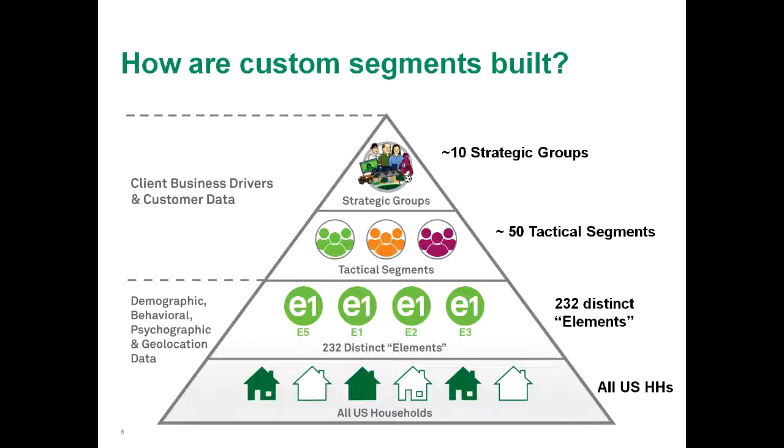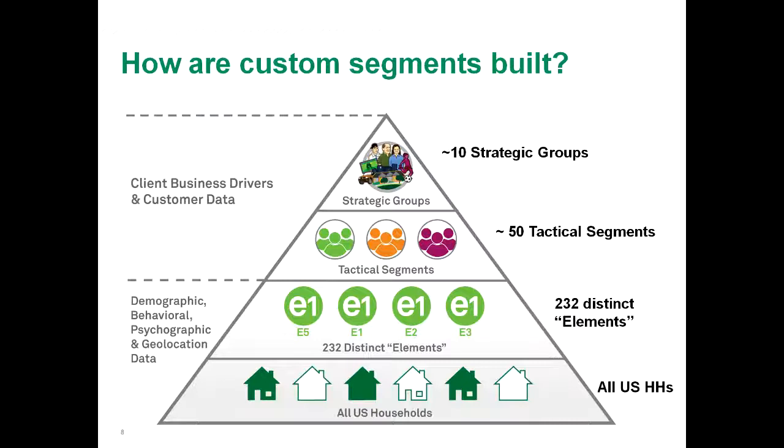All this great information that most companies already have on their existing customer bases in their data warehouses and their marketing analytics programs, we'll pull into the modeling process and group those 232 distinct elements into approximately 50 tactical segments that are customized for your respective business and industry.